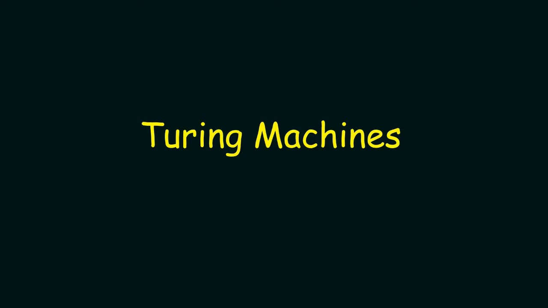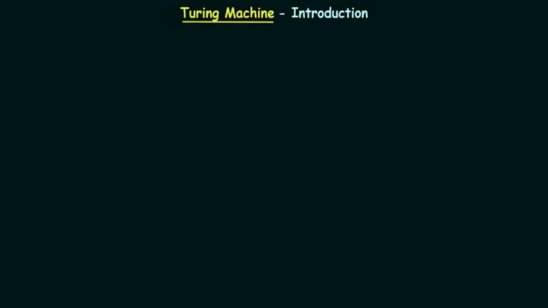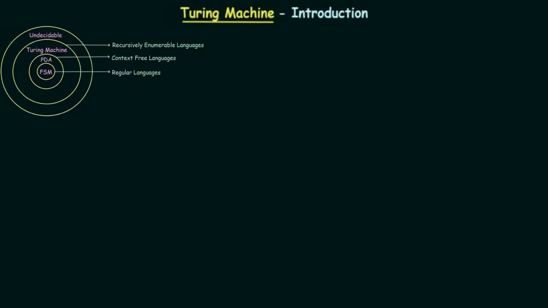So let's begin. Now let's discuss the introduction of the Turing machine. Before going on to the introduction, let's revisit the Chomsky hierarchy. At the very root level, we have the finite state machine, that means finite automata, and regular languages and regular grammars. Then we had the pushdown automata and context free languages, context free grammars.